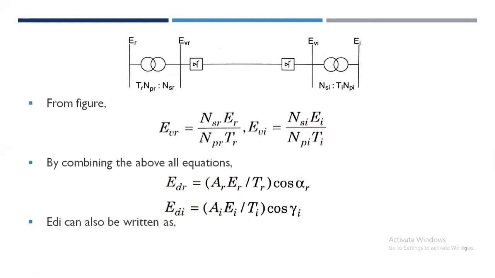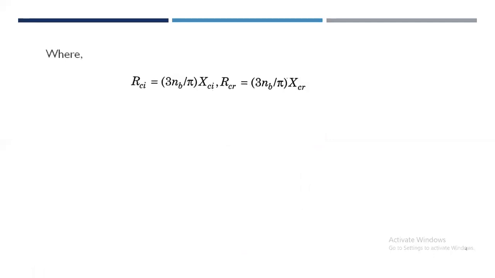EDI can also be written as EDI is equal to AI EI divided by TI cos of beta I, instead of the extinction angle gamma I, using the angle of advance plus 2 RCI ID, where RCI is nothing but 3 NB divided by pi times XCI, and RCR is nothing but 3 NB divided by pi times XCR.